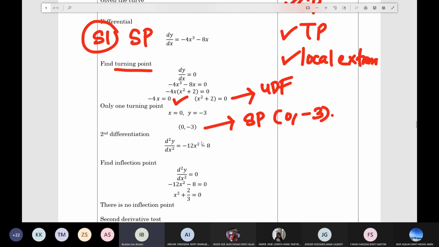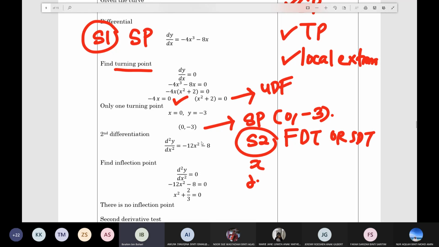Okay, step 2. Step 2, using the first derivative or the second derivative test, determine the extremum point.